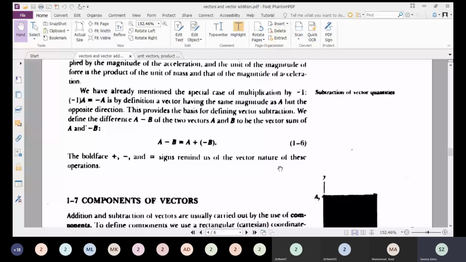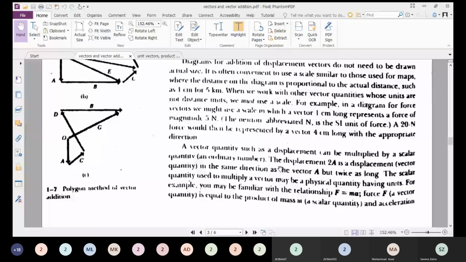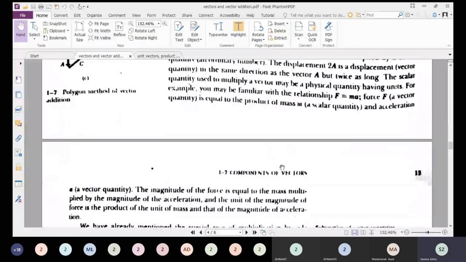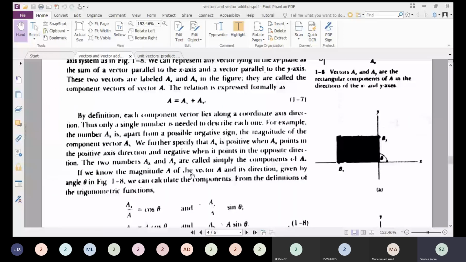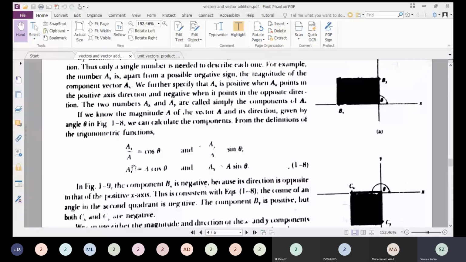Previously we stopped our lecture on the magnitude, I guess. If we know the magnitude of the vector A, its direction can be calculated. You are very much familiar with this formula: cos theta is equal to ax over A. When you are taking x along the x-axis, it will be ax over A, that is, the x component divided by the magnitude of the vector.